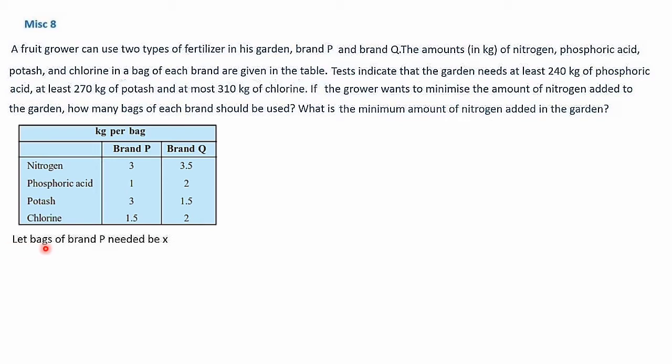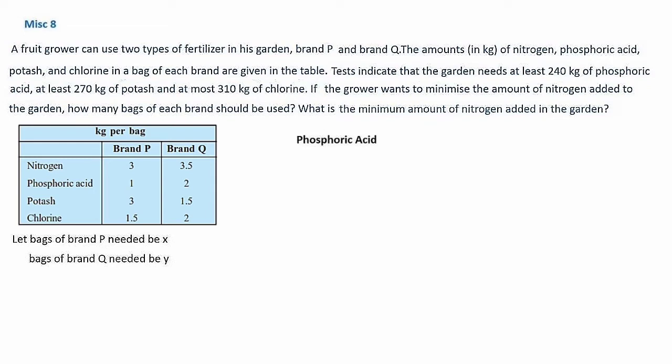Let bags of brand P needed be X. X quantities of brand P we need, and Y bags of brand Q we need, and X and Y is assumed. X means bags of brand P needed and Y means bags of brand Q needed.